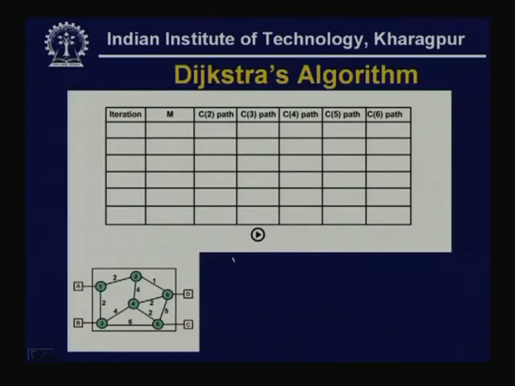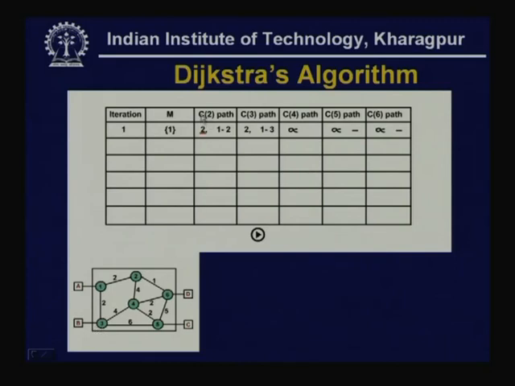Here, as you can see, we have a network and the topology is fixed, the interconnection is fixed, and the costs associated with the different links are given in this network. Now, in the first iteration, as I said, M is the source node. Here the source node is 1, and this node is connected to node 2 and node 3.